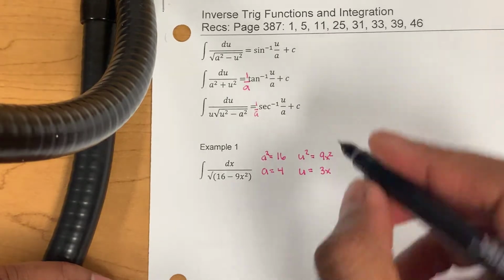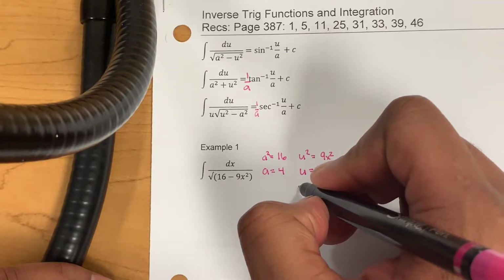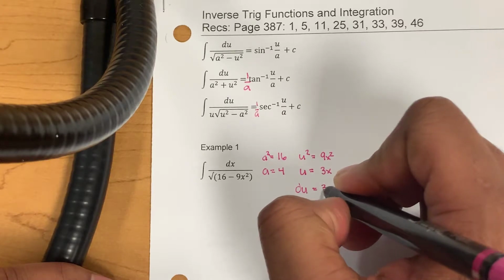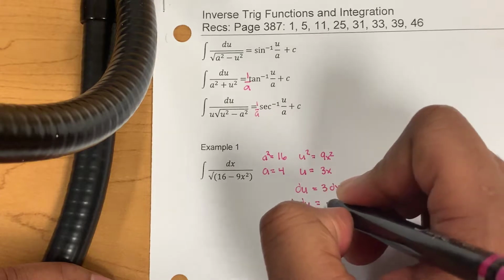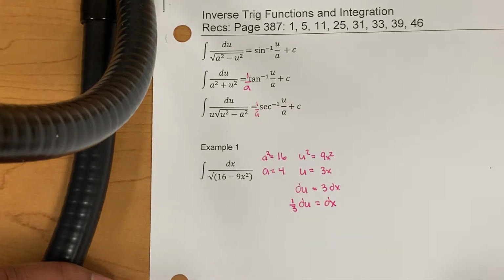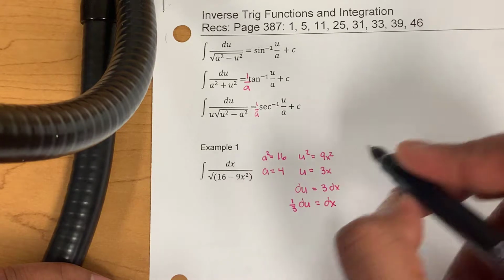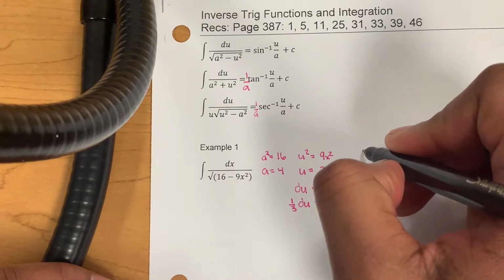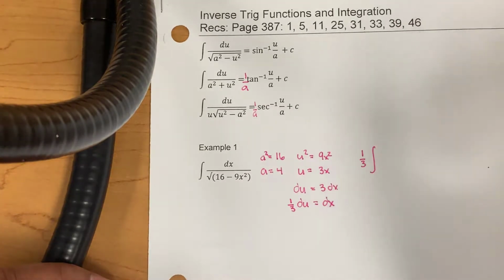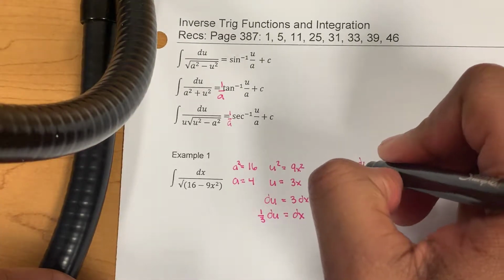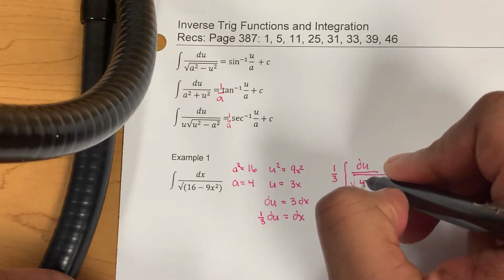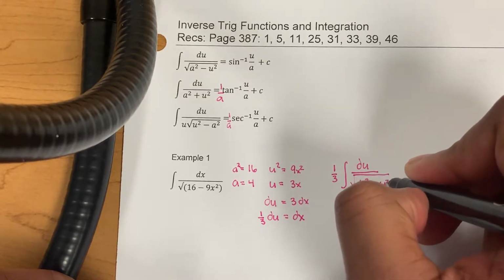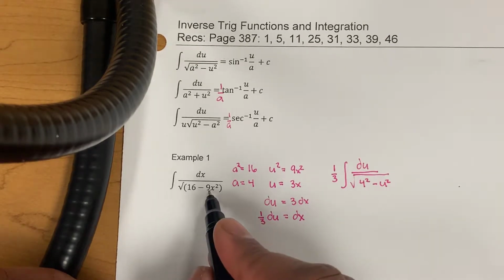So if u is equal to 3x, we're back to a u substitution where du equals 3 dx and 1/3 du equals dx. So if we rewrite this integral, we have 1/3 times the integral of du over the square root of 4 squared minus u squared. And again, u was 3x, so if we square that, we do get 9x squared.